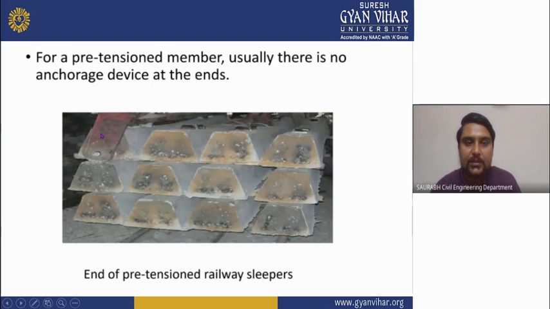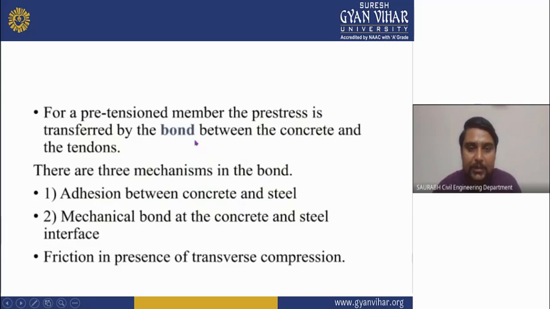For a pre-tensioned member, usually there is no anchorage device at the end. As you can see in the graph, the end of a pre-tensioned railway sleeper. This is a photograph of a railway sleeper. For a pre-tensioned member, the pre-stress is transferred by the bond between the concrete and tendon.